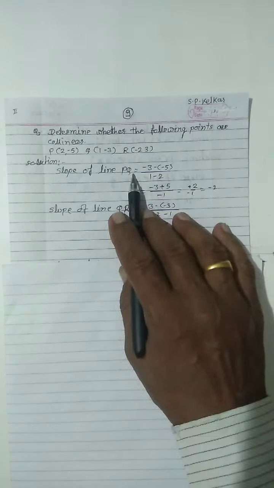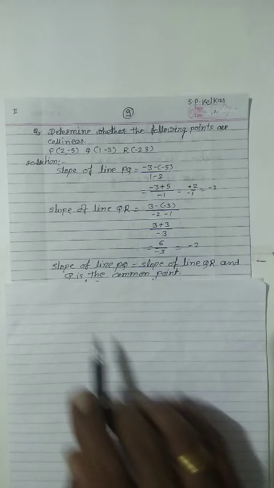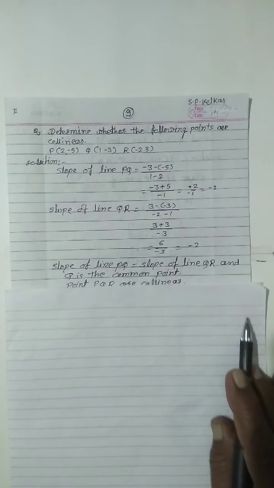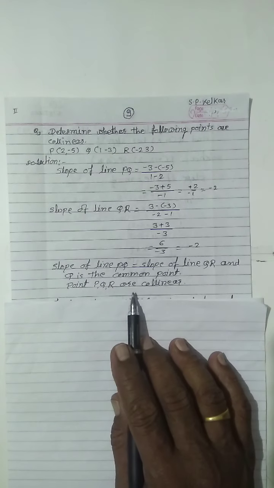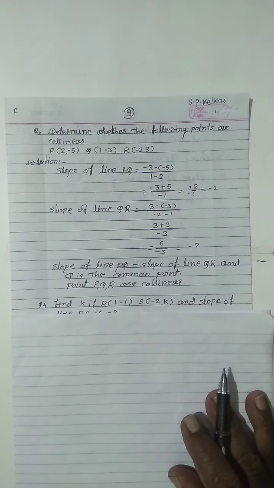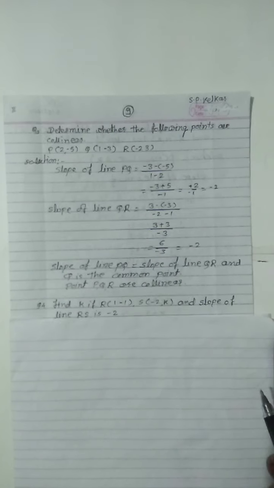The slope of PQ and the slope of QR are both minus 2. So the slopes of PQ and QR are the same, and Q is the common point. So points P, Q, R are collinear points. In this way we can find out whether the given points are collinear or not.